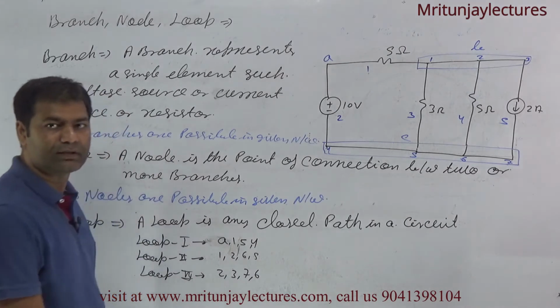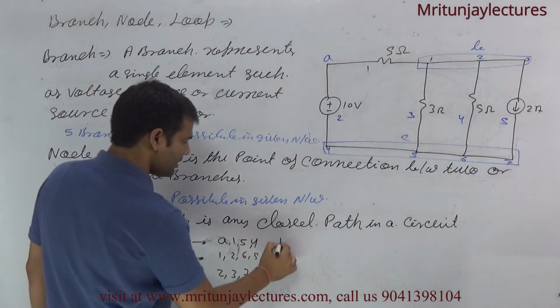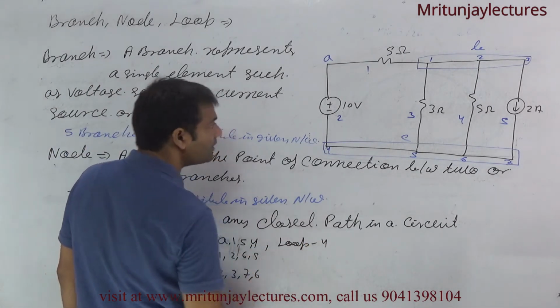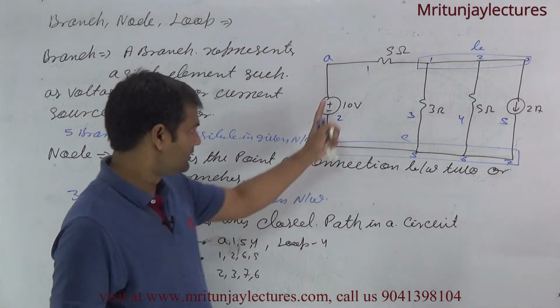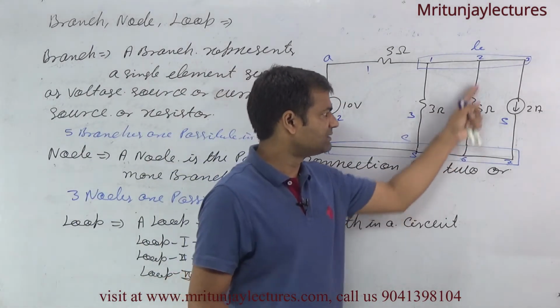Clear? Now loop 4. First, it is clear: this one is a loop, this is also a loop, and this is also a loop.